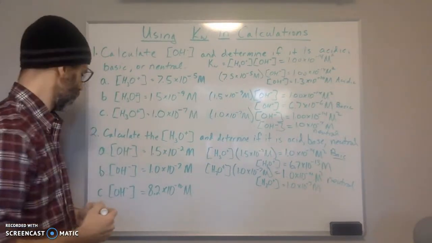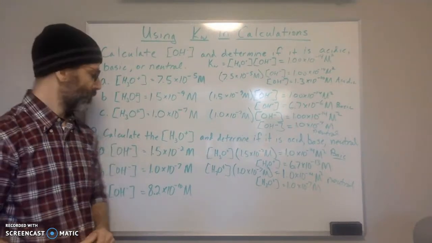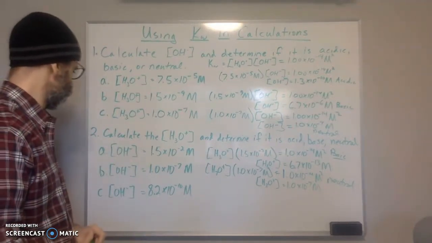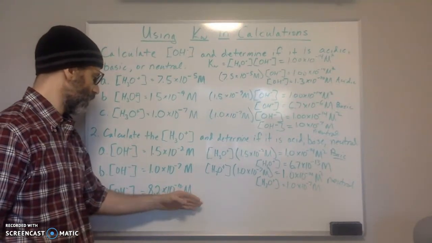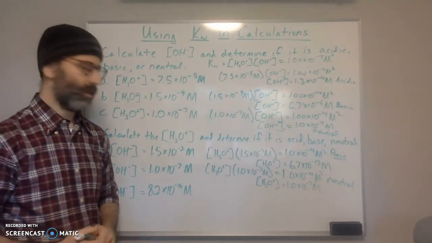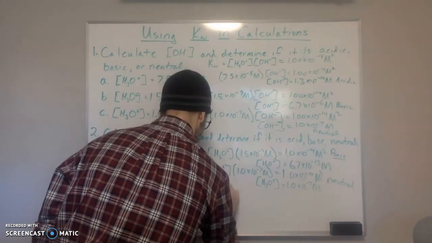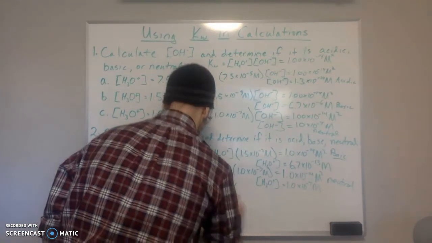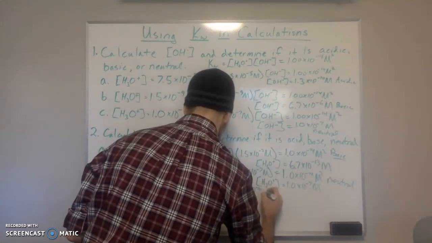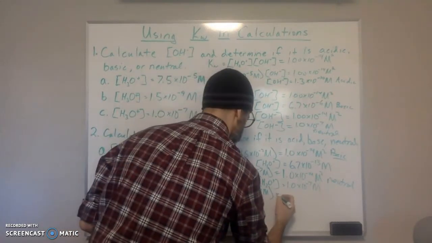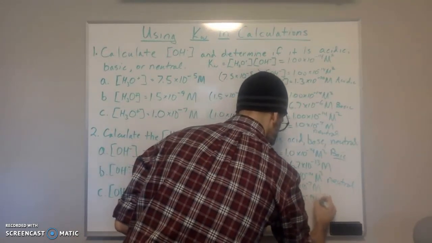Okay, what about your OH- concentration? For your OH- concentration, here you have 8.2 times 10 to the negative 10 molar. Okay, same calculation. So we're going to do H3O+ multiplied by 8.2 times 10 to the negative 10 molar, and that's going to be equal to 1.0 times 10 to the negative 14 molar squared.